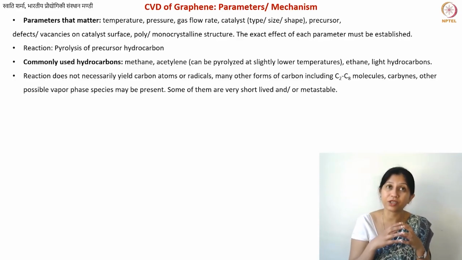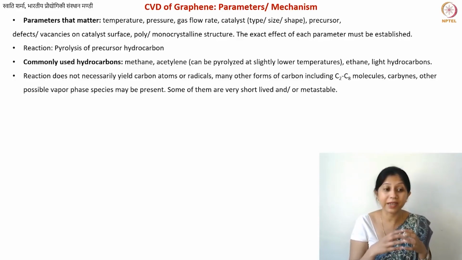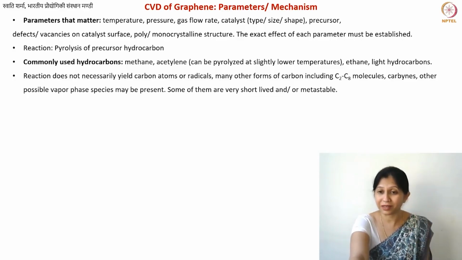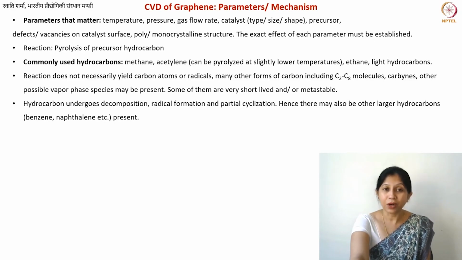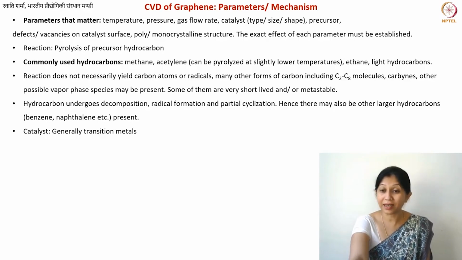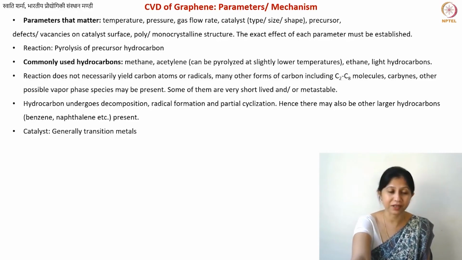At those temperatures, you will also find some cyclization in whatever is being produced from your methane pyrolysis. So that is why you will have a mix of all of these things inside your CVD chamber. It's not necessarily just solid carbon particles or atomic carbon particles and so on. Okay, fine. So there are various things that you can also learn about the methane pyrolysis or stability of various hydrocarbons, and then you will learn the enthalpies of formation of various hydrocarbons.